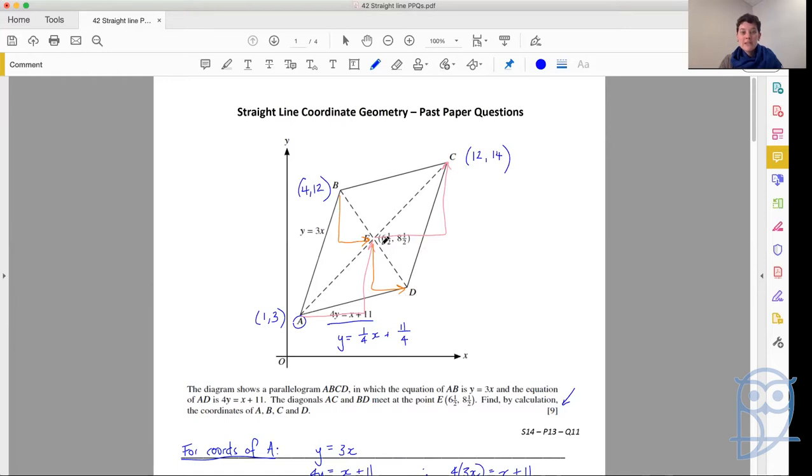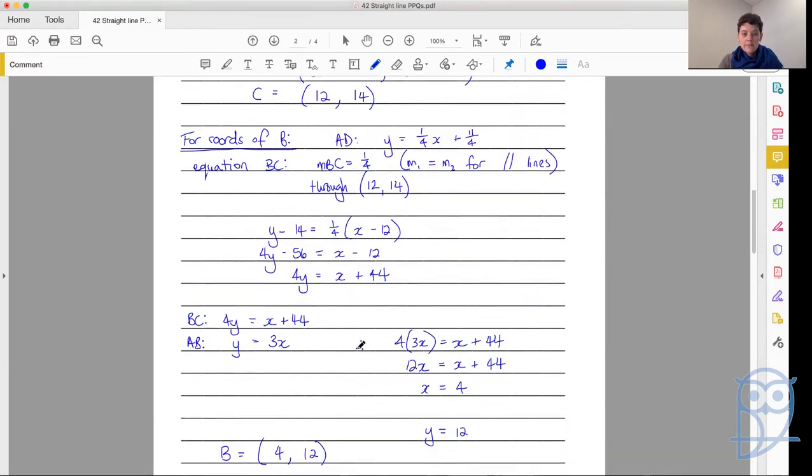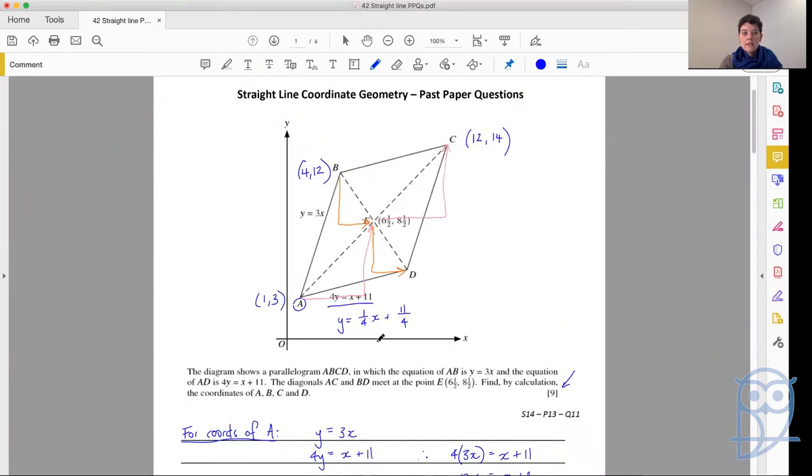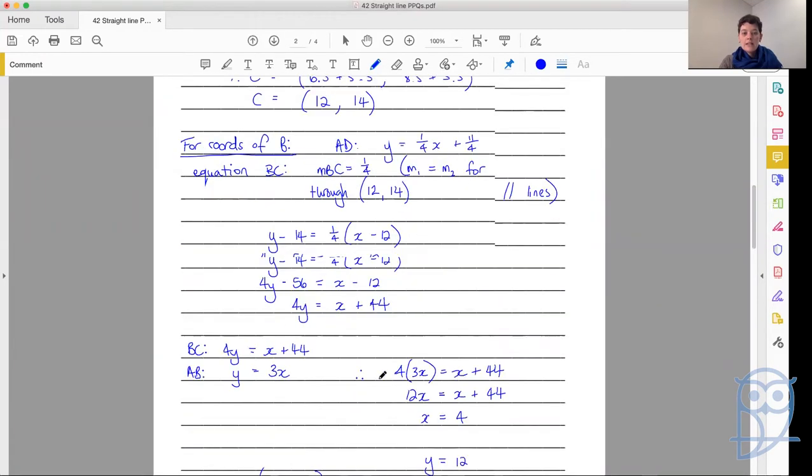4 to 6.5 is plus 2.5. 12 going down to 8.5, that would be 3.5. So we've got plus 2.5 minus 3.5. So for coordinates of D, we are using the fact that BE is the same as ED.